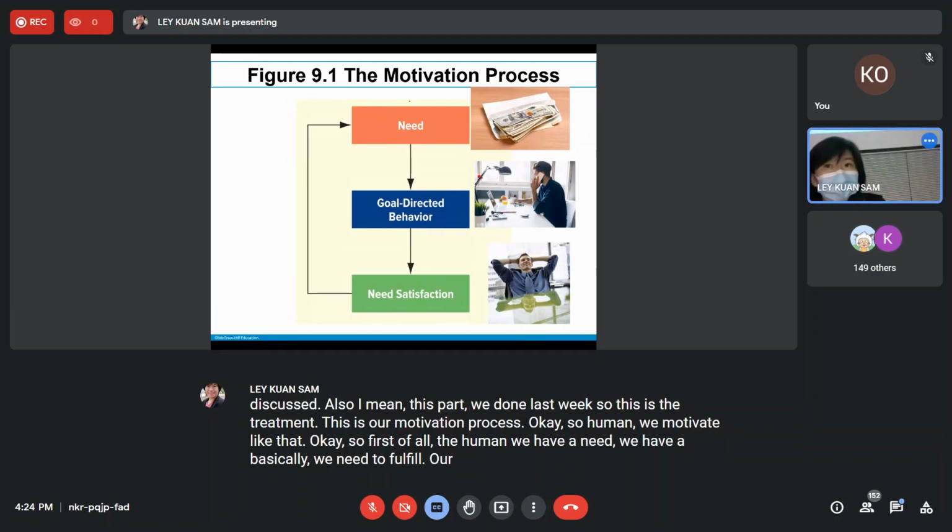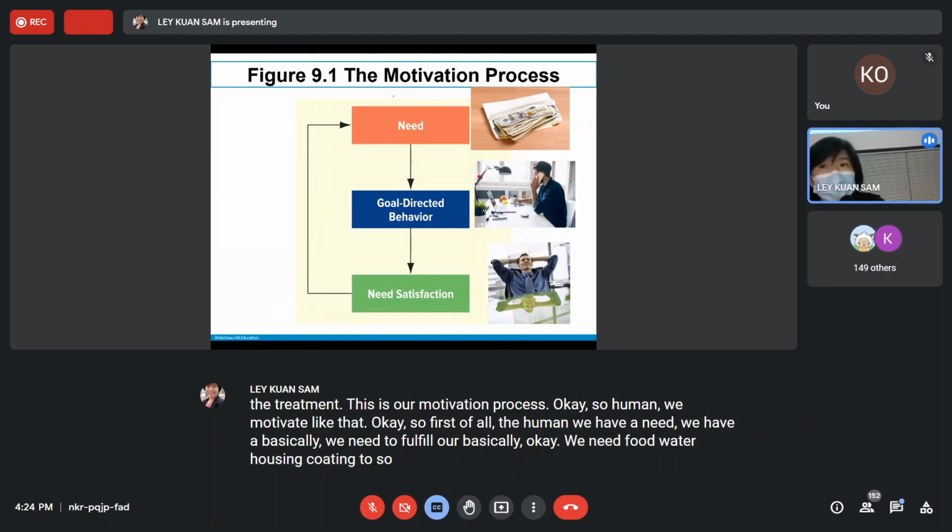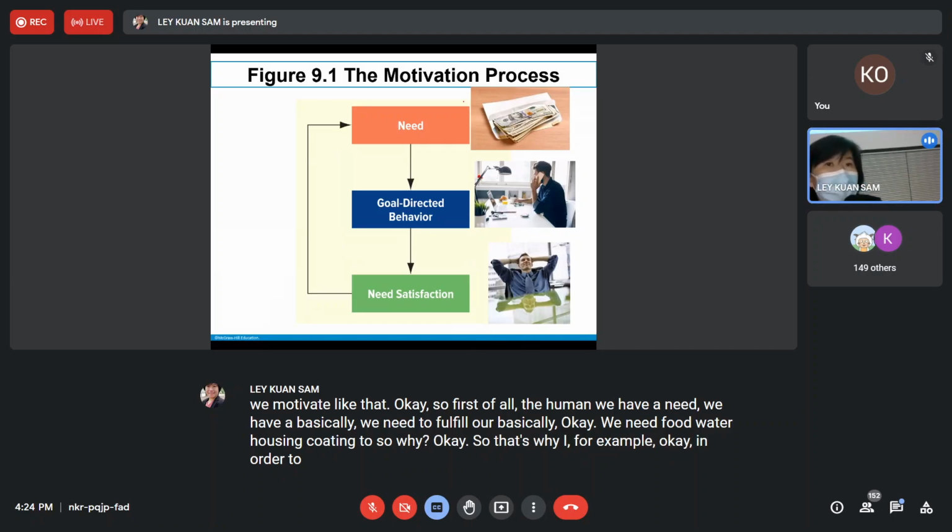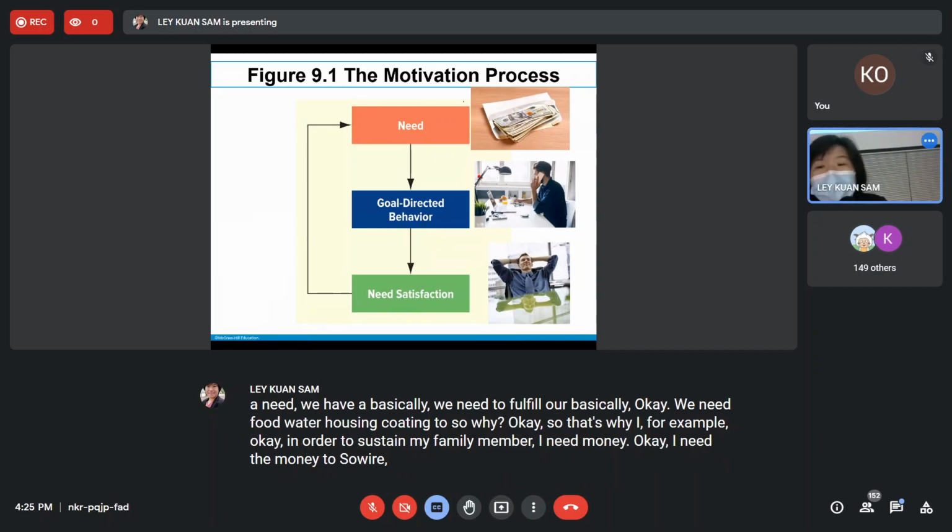We need food, water, housing and clothing to survive. For example, in order to sustain my family members, I need money. I need the money to survive. So that's why I set a goal.